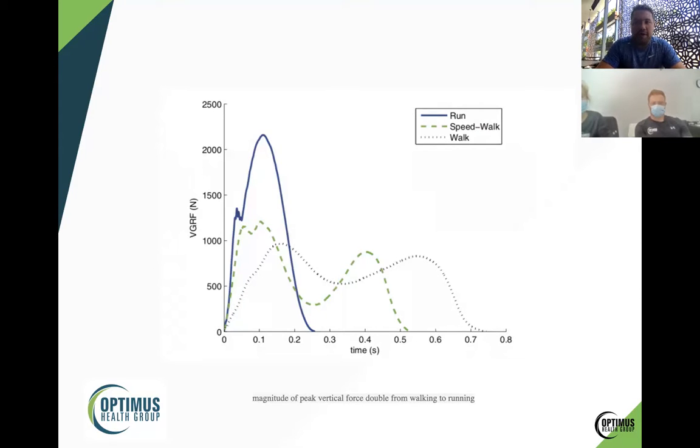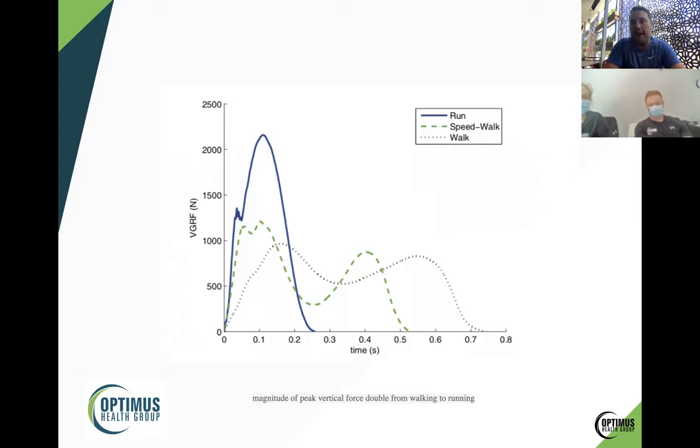Comparing running to walking, because a lot of the time after an ACL reco, you're off crutches and the patient's walking pretty well. Generally by week 4, we want them off crutches completely, outdoors, walking fair amounts. And you can see here that the magnitude of peak vertical ground reaction force when you're running is effectively double walking. Going from 1,000 to 2,000 is a huge step up.